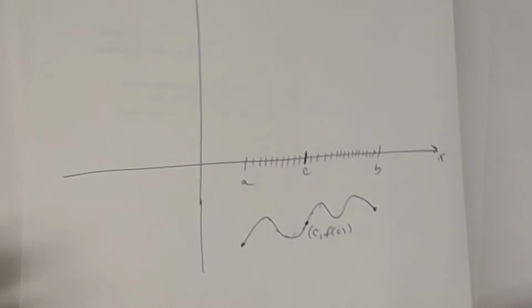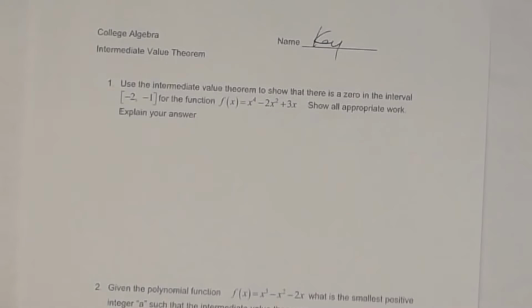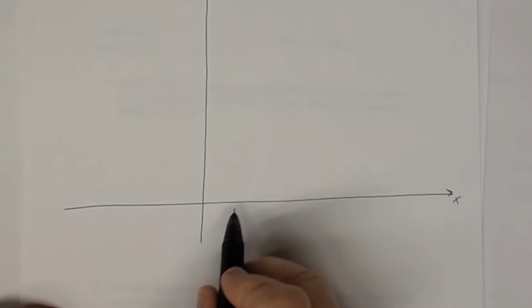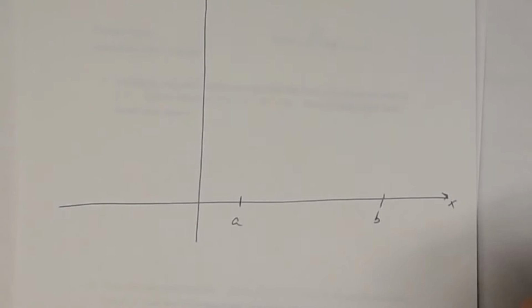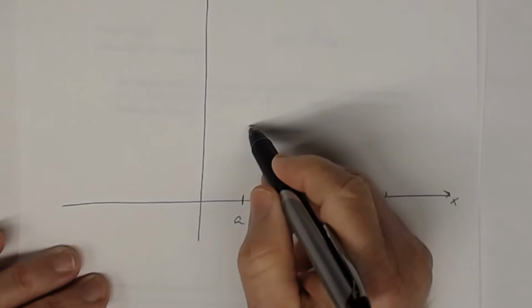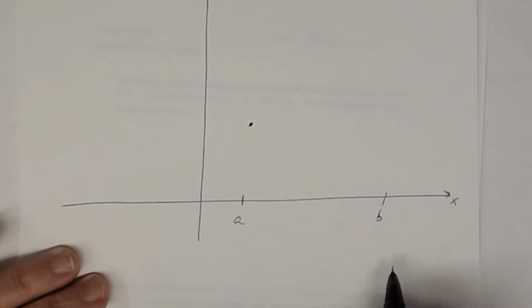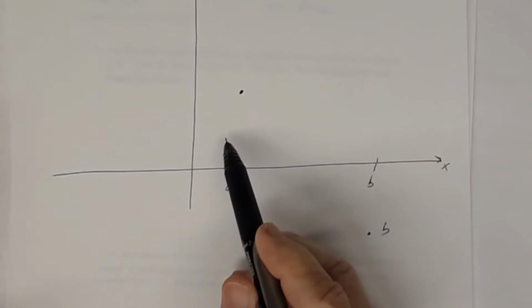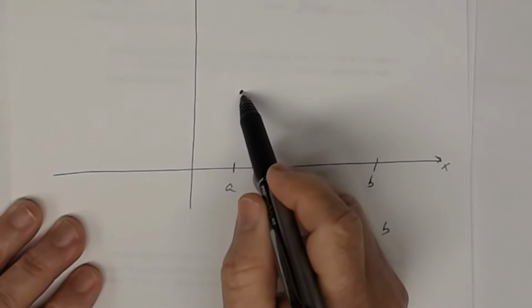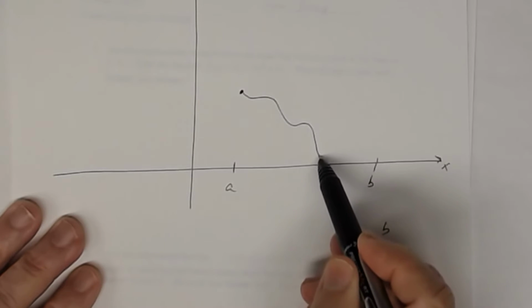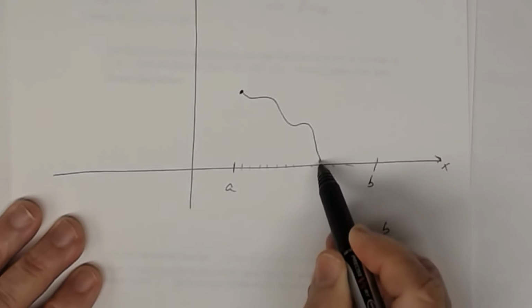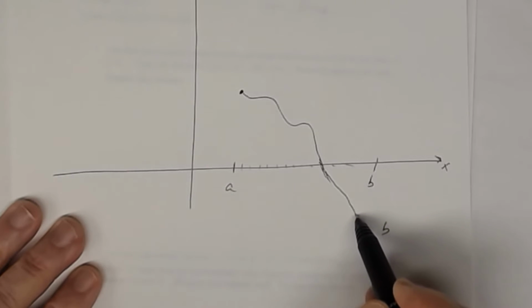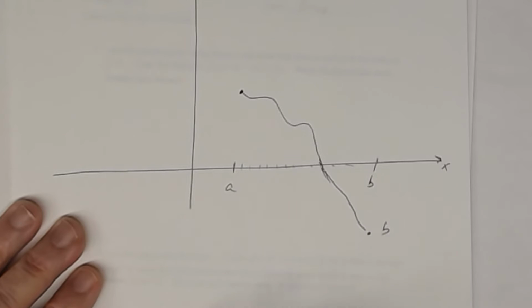Now, for this worksheet, what we're saying is this. If I have an interval from a to b, and let's say one point is above the x-axis, and the other point is below the x-axis, then as in our discussion a while ago, the intermediate value theorem says that every x value in that interval has to correspond to a point on that graph, since you're dealing with a continuous function.